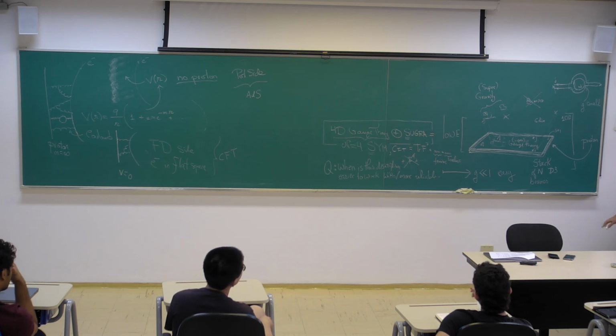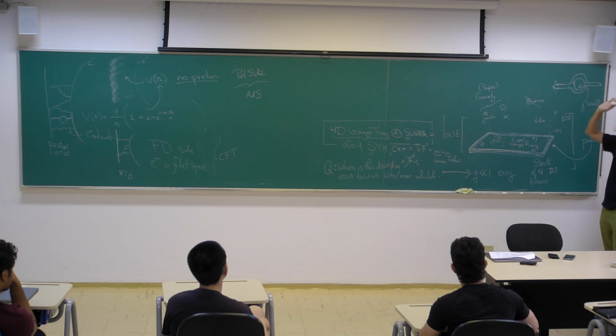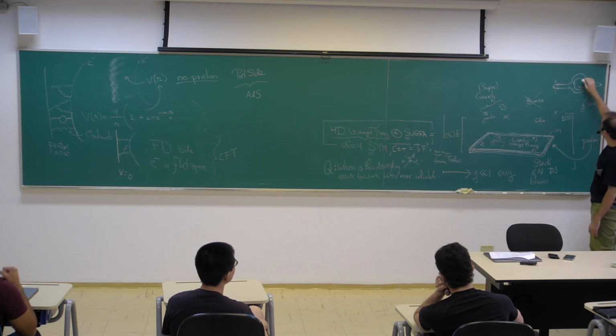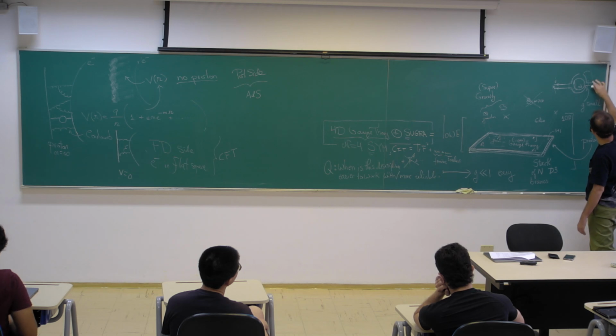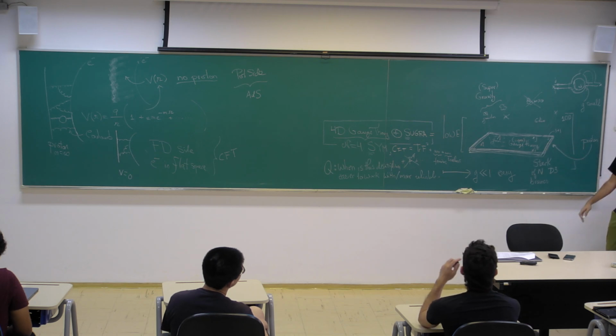It doesn't mean it's not true for any g, but when g is small, it's perfect. I just do the one loop diagram. If g starts to be bigger, I need to do more loops. I cannot start ignoring this, and I need to start drawing all diagrams. This would be like two holes on this sphere and so on.